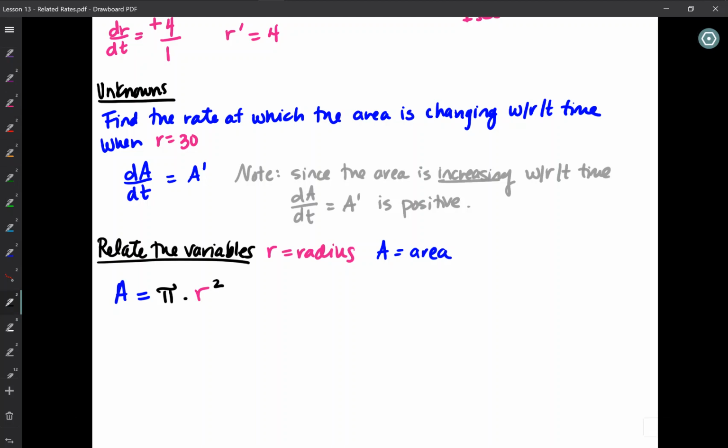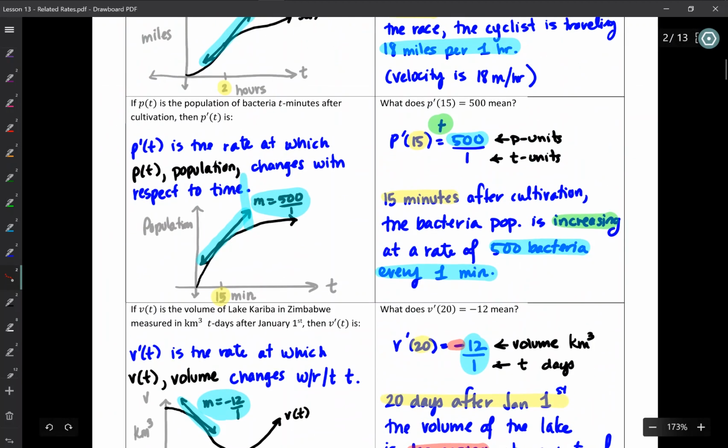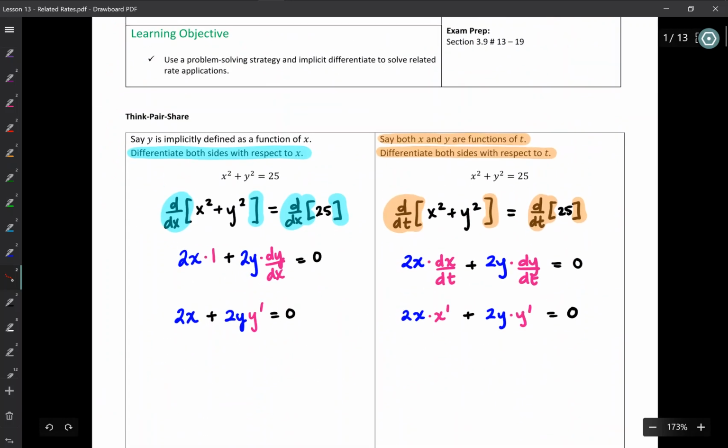Now that doesn't have a derivative involved with it, so the next step is for us to take the derivative of both sides with respect to time, with respect to t, just like we did in our warm-up, right?